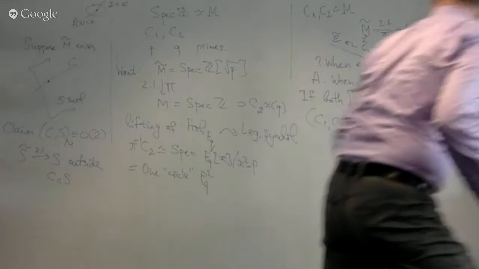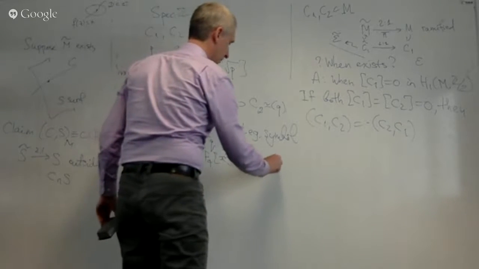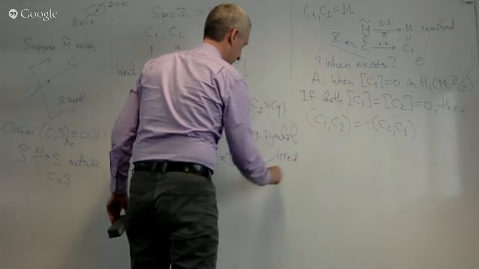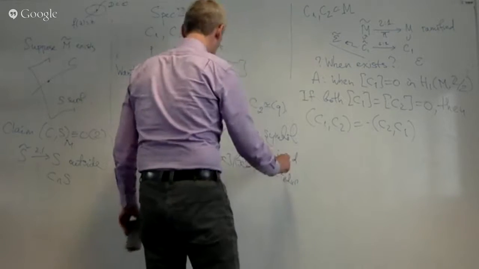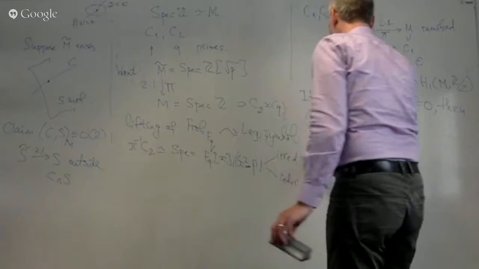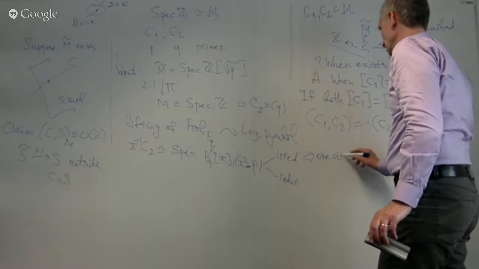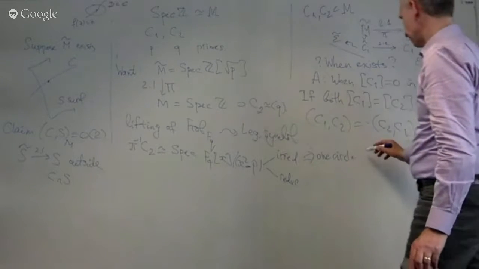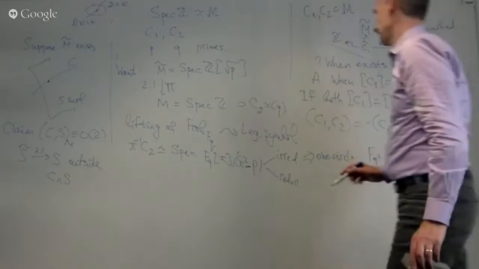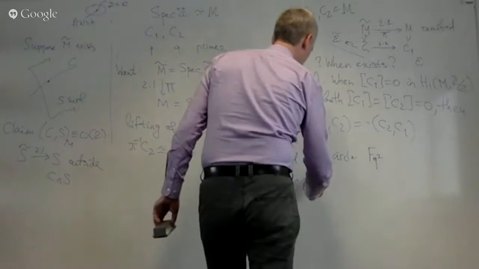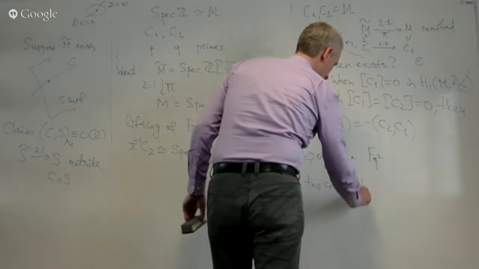It depends on this polynomial whether it's irreducible or reducible. If irreducible, then it's one circle, corresponding to the finite field F_{q squared}. If it's reducible, it is two circles, F_q plus F_q.